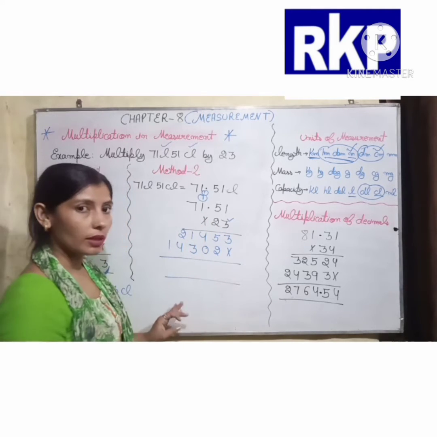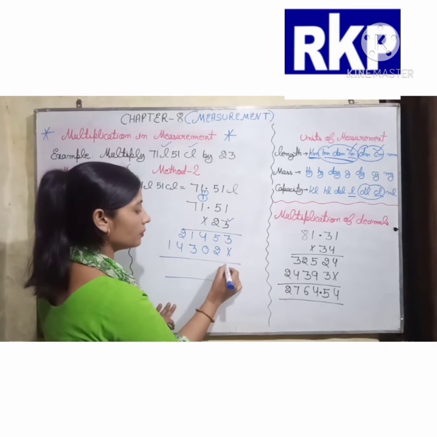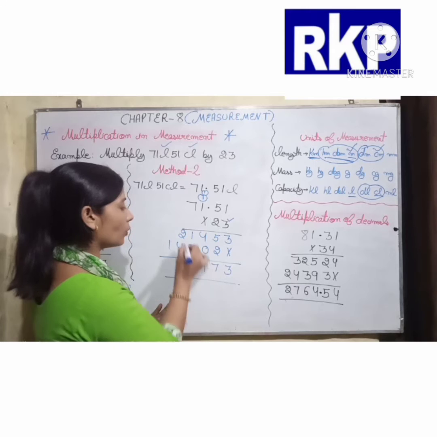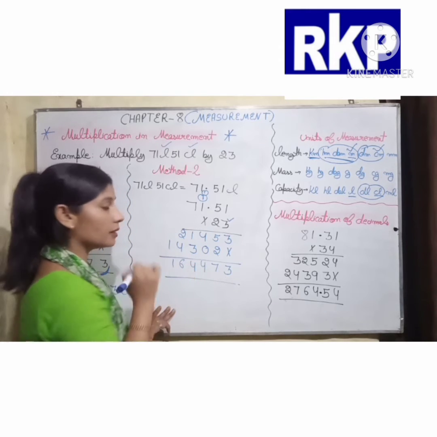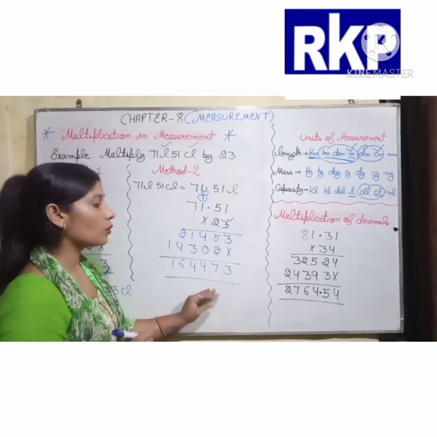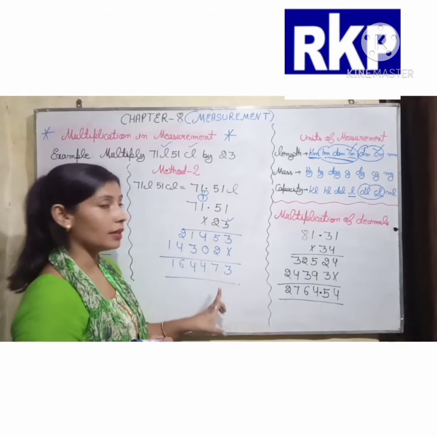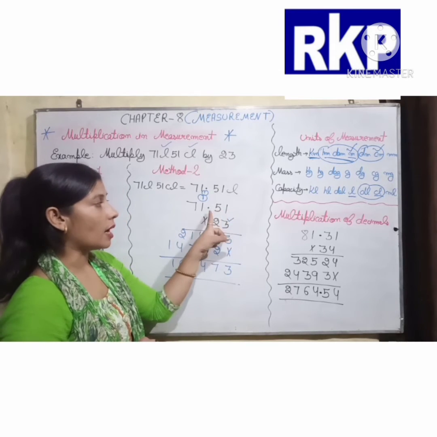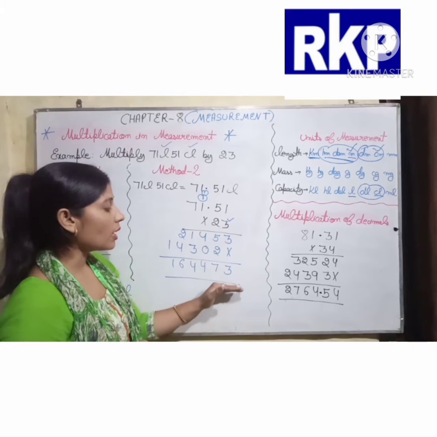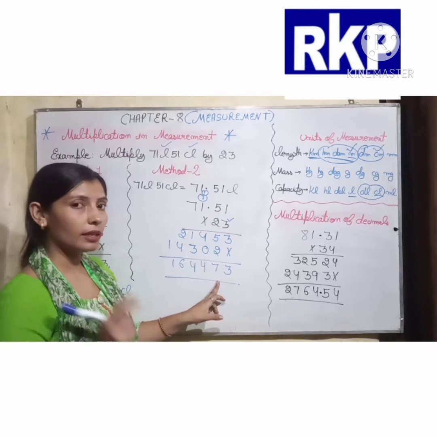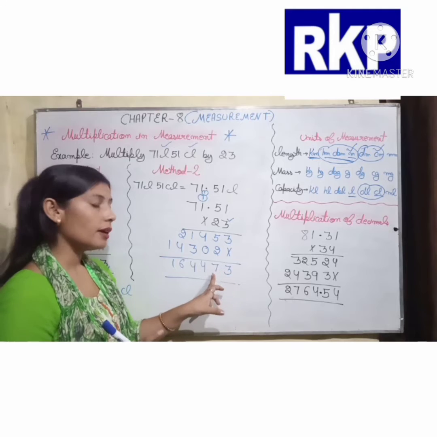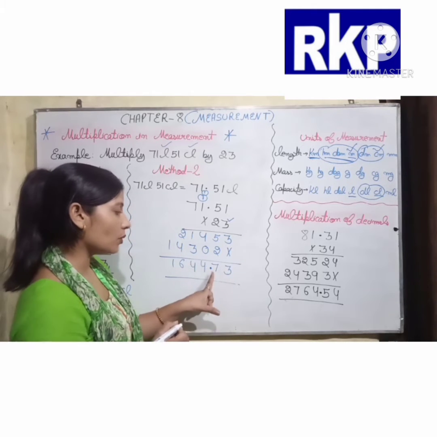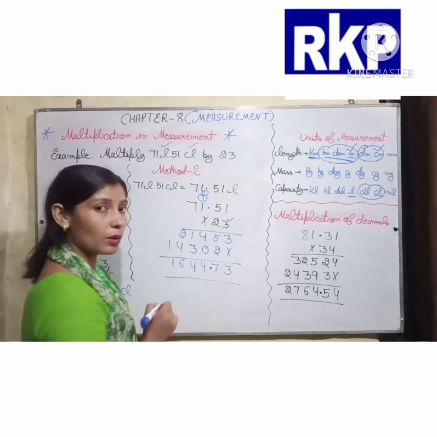Now we have to add these. Now we have to put the decimal point in our answer. Here, beta, we have only two digits after the decimal point, so in the answer also we leave only two digits from the right side and then put the decimal point. So before 7 we put the decimal point.